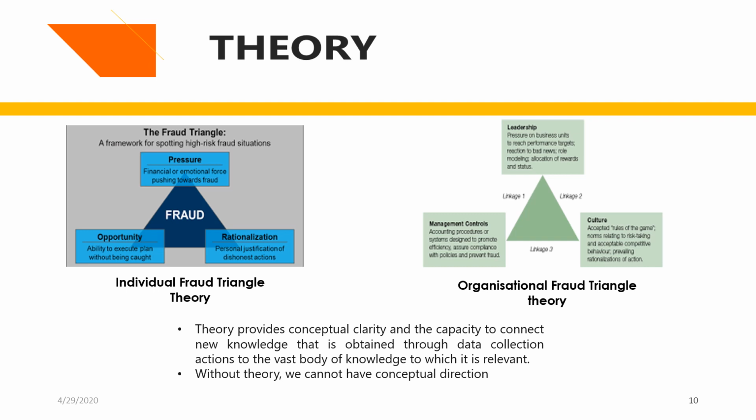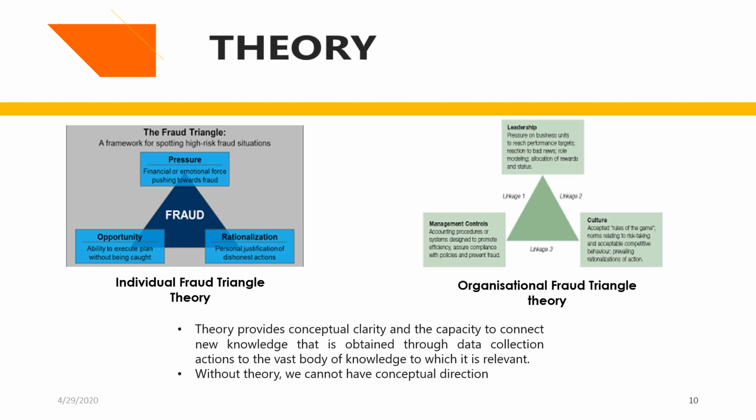That is the research question. And from here you develop research objectives. Research objective number one, based on individual fraud triangle theory, is to examine whether financial pressure will lead to fraud.